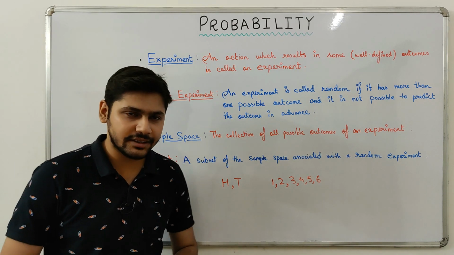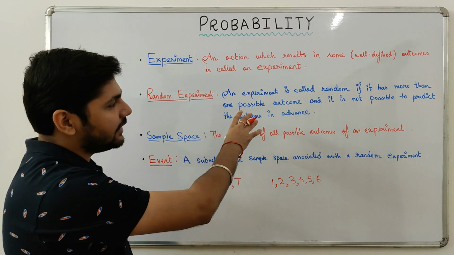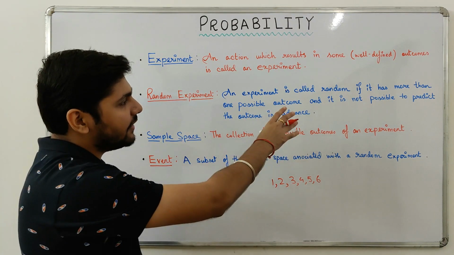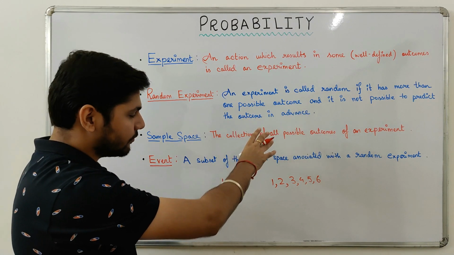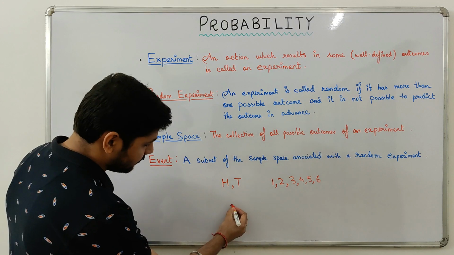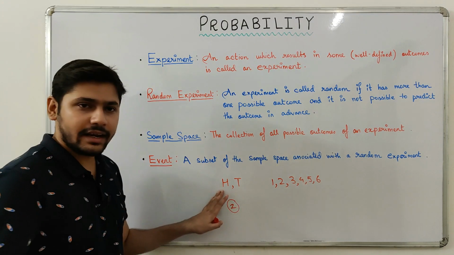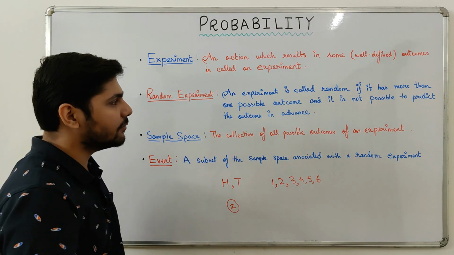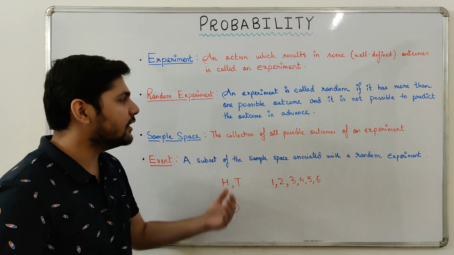Let's check out the definition. An experiment is called random, so both of them are experiments, if it has more than one possible outcome. So tossing of a coin has two outcomes, either head or tail. So it has more than one possible outcome and it is not possible to predict the outcome in advance.